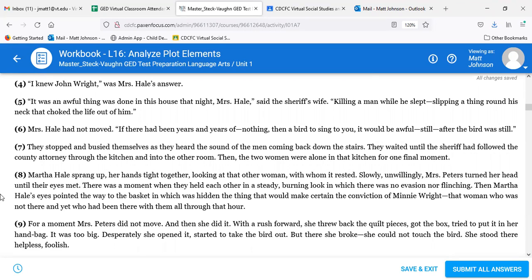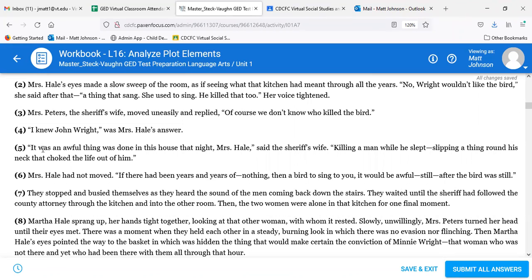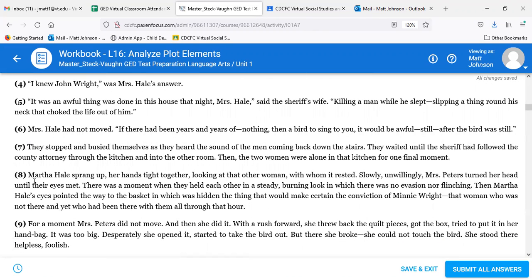Okay, I'll go ahead and finish off here. So they stopped and busied themselves as they heard the sound of the men coming back down the stairs. They waited until the sheriff had followed the county attorney through the kitchen and into the other room. Then the two women were alone in that kitchen for one final moment. Martha Hale sprang up, her hands tight together, looking at that other woman with whom it rested.